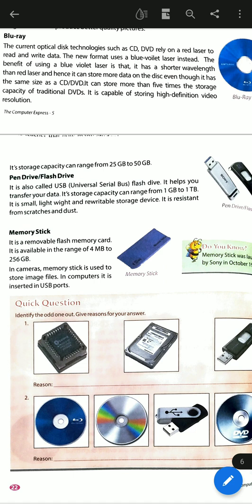In cameras, memory sticks are used to store image files, while in computers you can insert it in the USB port to view the contents of the memory stick.